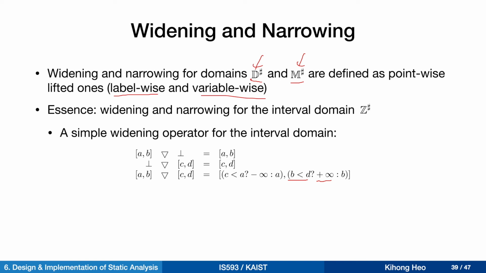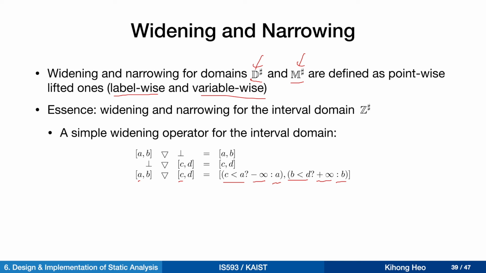Otherwise, it uses the old one as the upper bound. The same principle is applied for the lower bound. If the lower bound is decreasing, right? If C is less than A, strictly decreasing, then it uses minus infinity as the new lower bound. Otherwise, we use the existing one.